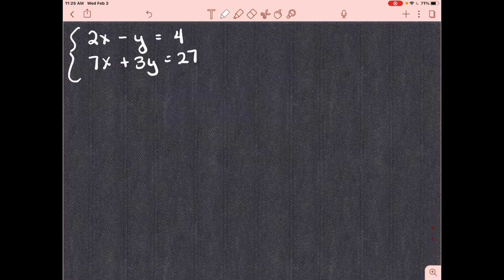All right, so what I'm going to do is multiply this equation right here times 3. I'm going to do that because if I multiply by 3 here, I'll get negative 3y to add to my positive 3y. So that would equal 6x minus 3y equals 12.